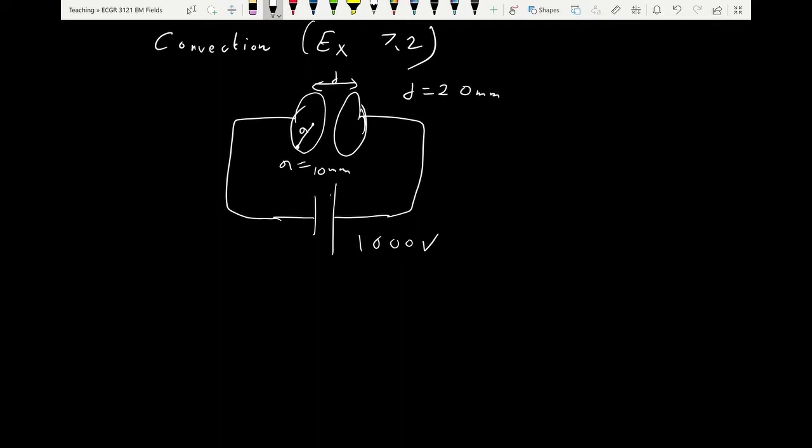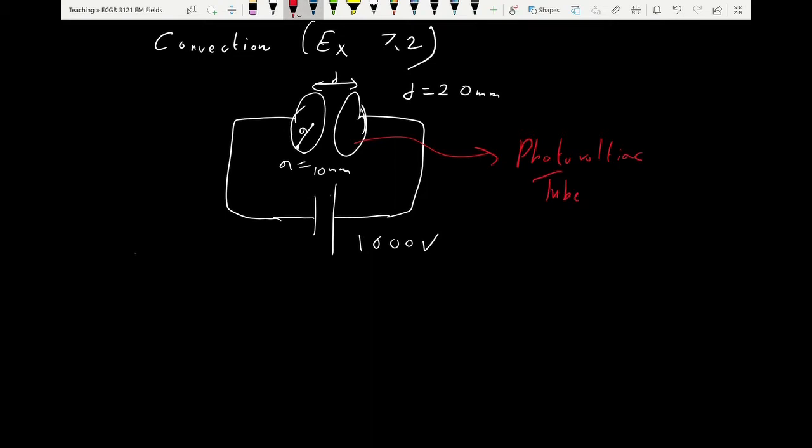What happens is that this two plates with the space between them is called a photovoltaic tube.